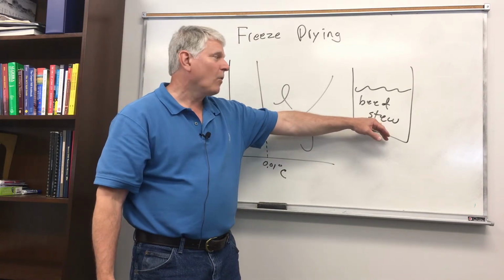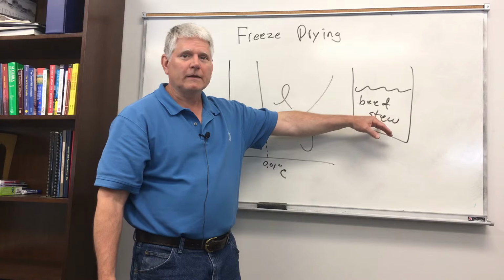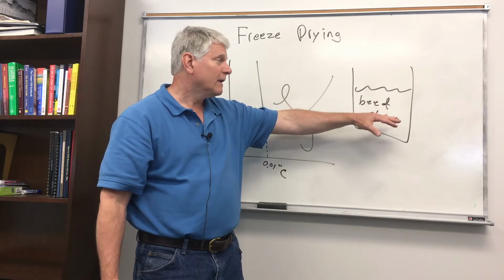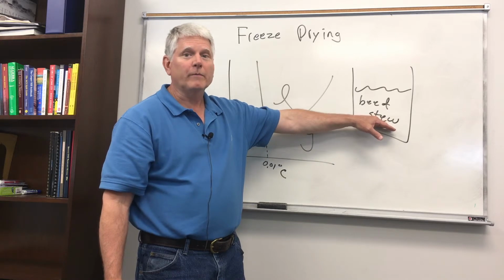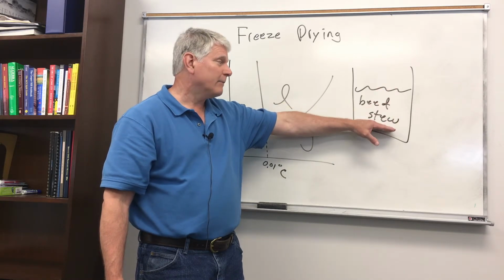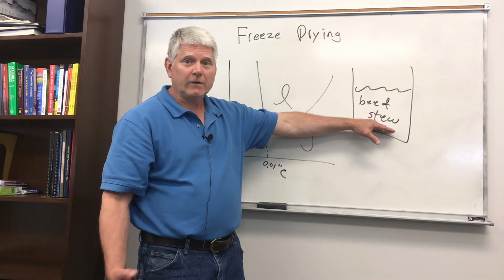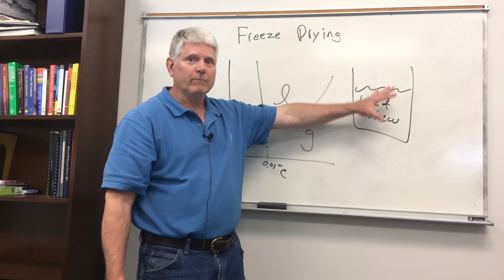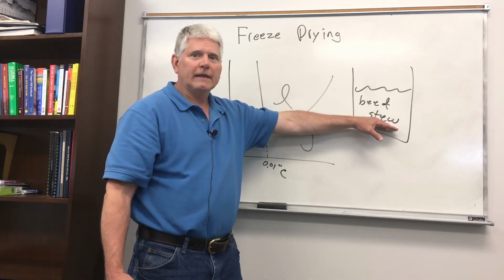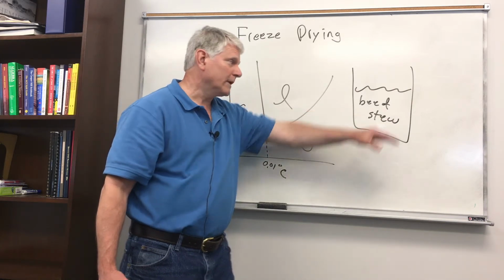So I want to get all the water out of my beef stew. Well, I could boil the water away, but as I boil it, I'm also cooking it more and more. And the more water that is evaporated, the higher the temperature I have to go to keep it boiling, and so it just burns. You can't get the water out and keep something edible by boiling.